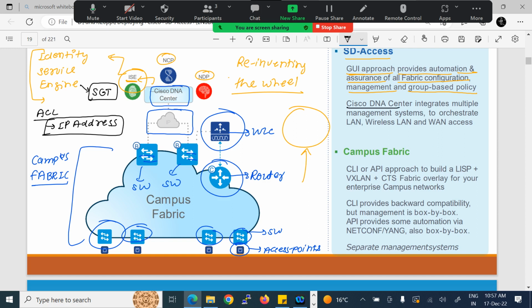Cisco DNA Center integrates multiple management systems to orchestrate local area network, wide area network, and WAN access network. Wide area network access, that is how your traffic will be going to the wide area network.